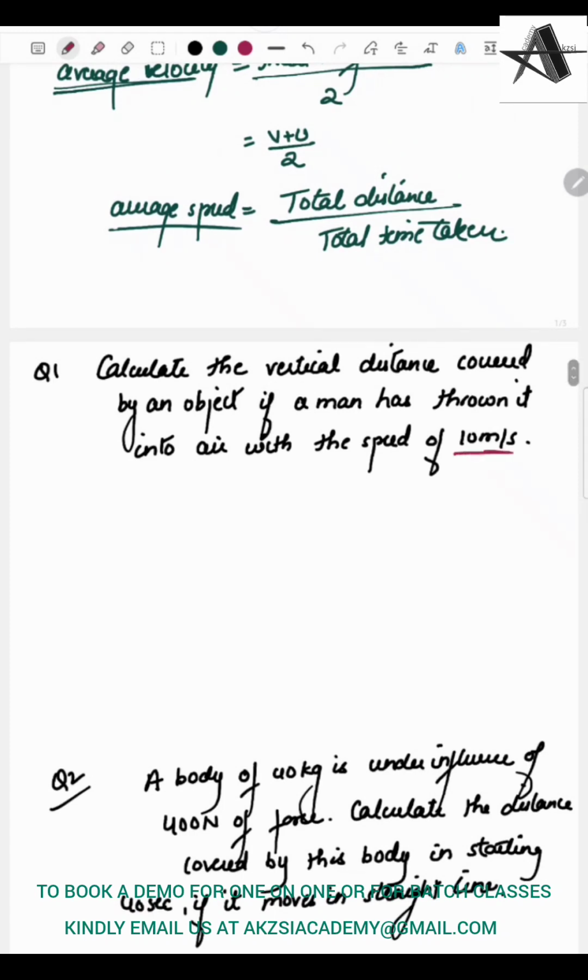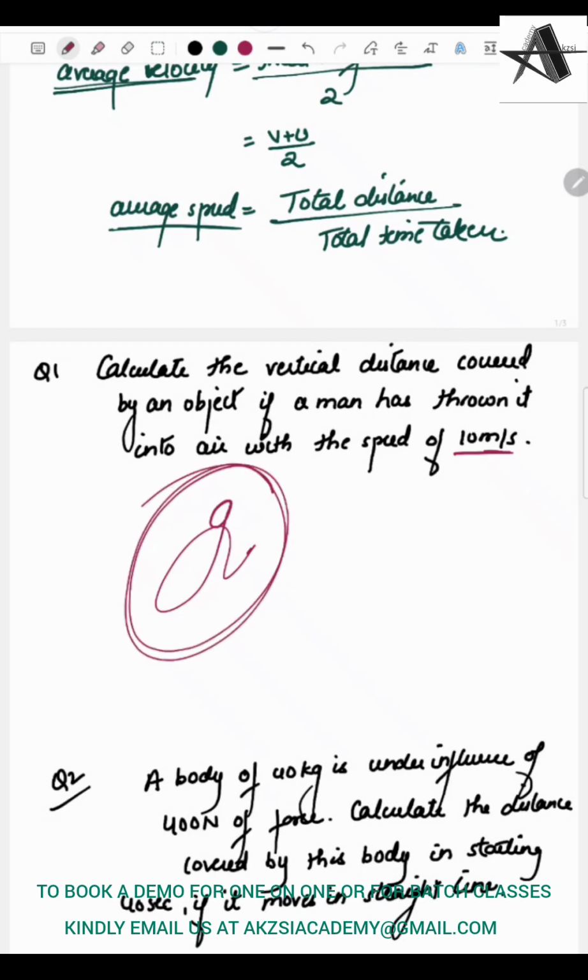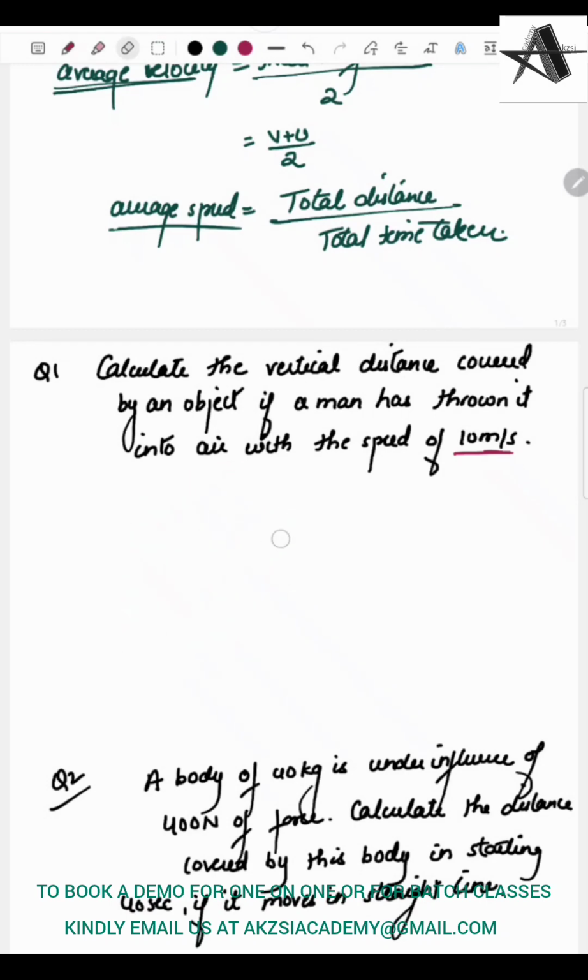Vertical distance, so if something is vertical, acceleration is always g, the acceleration due to gravity. If something is thrown in a vertical direction or is falling, g will play your a. So acceleration is given to you, along with initial and final velocity, and you have to calculate displacement.